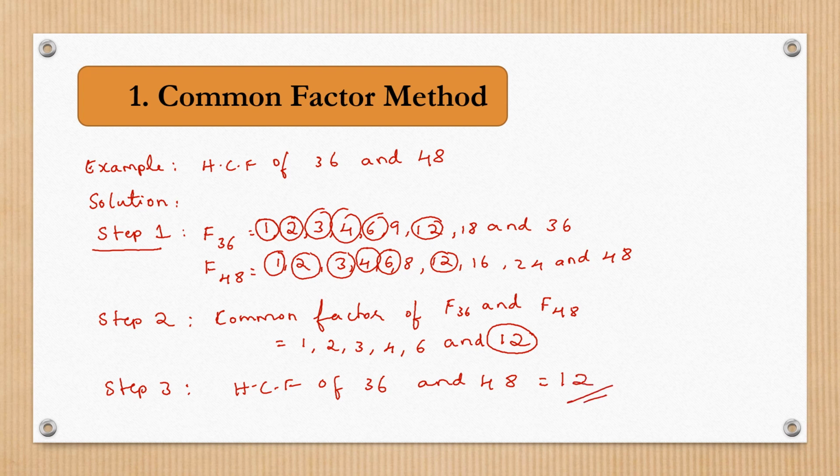This is the highest common factor we obtain by finding the HCF of 36 and 48. 12 is the largest number which divides both 36 and 48 completely. So by taking 12 we can divide 36 and 48 completely. So HCF of 36 and 48 is 12.